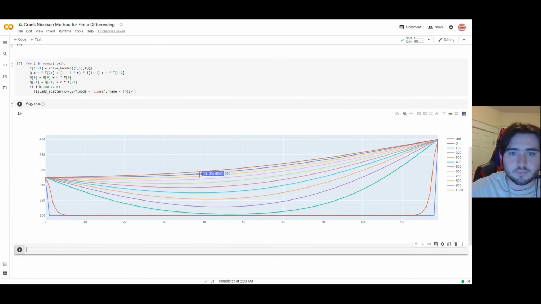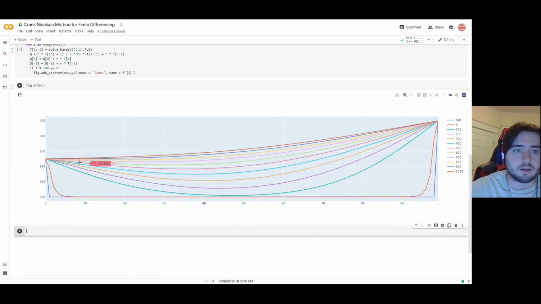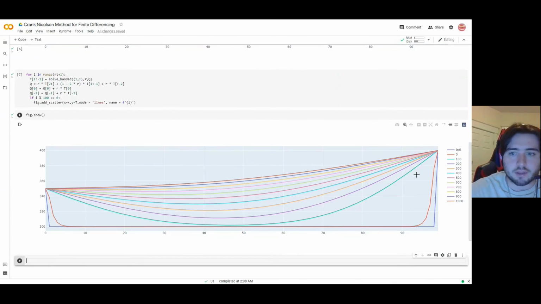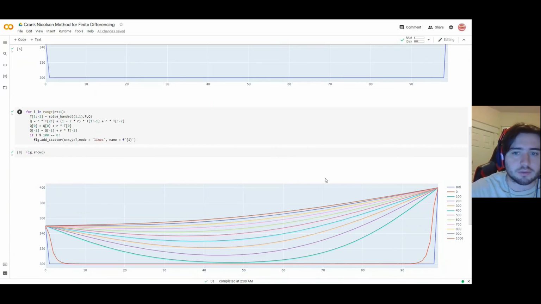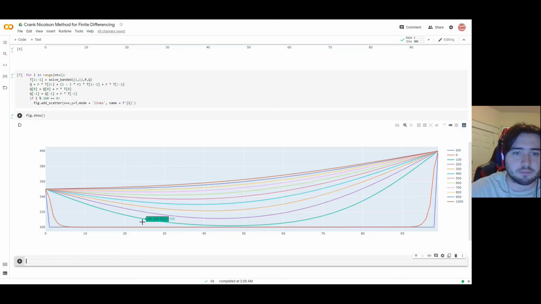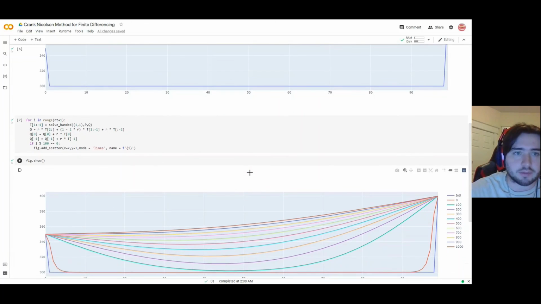So as you can see, this is going to be the heat diffusion through our rod, and we're going to see if we can actually get this to approach a more steady state. So like more of the lines are becoming linear up with this top red one.